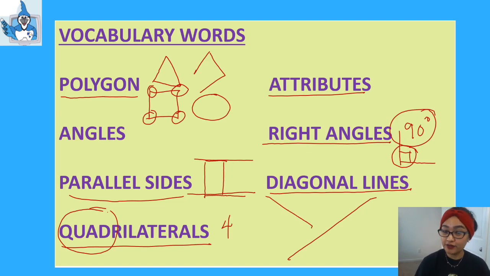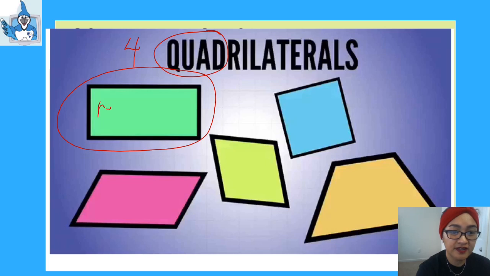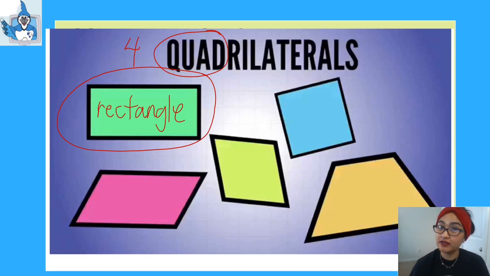All right, now boys and girls, now that we know some important words, we will begin our examples of quadrilateral. These are quadrilaterals because just like what I said, they have 4 sides and 4 angles. Okay, so this quadrilateral, we all know the name of this quadrilateral. This is a rectangle. The next quadrilateral that we know, of course, is a square.